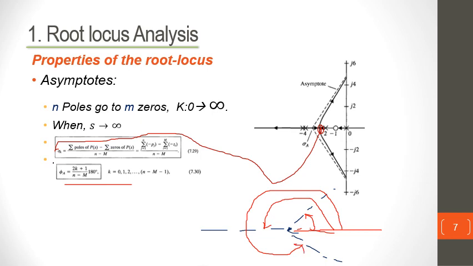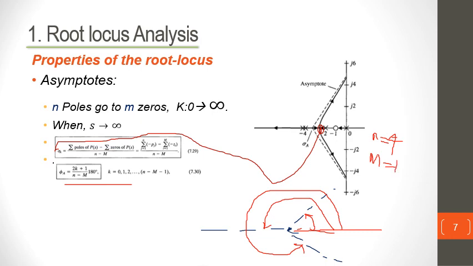So for all of these angles, in this case we have n equal to 4, and m equal to 1, because there's only one zero, so n minus m is equal to 3.